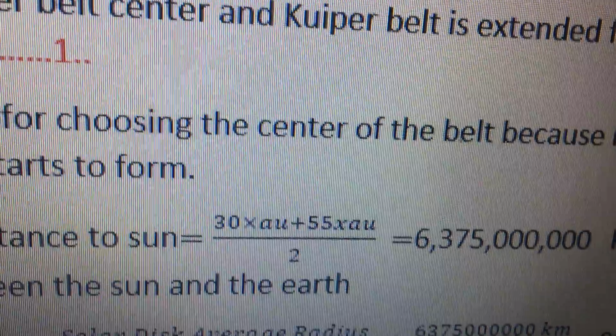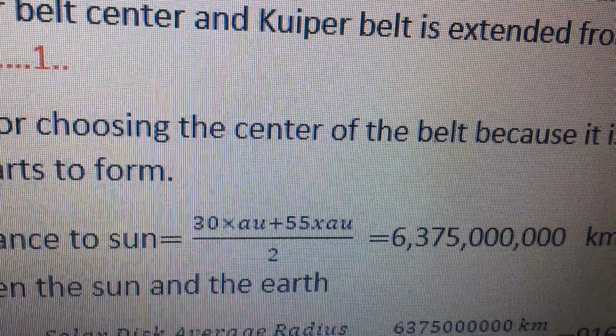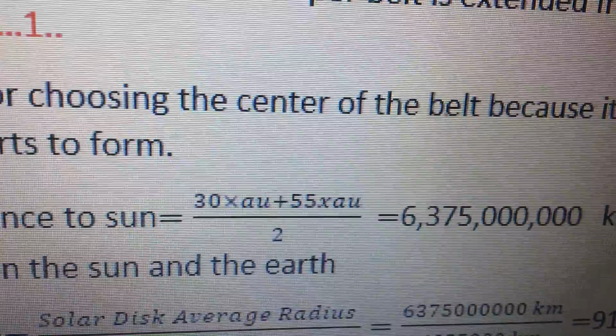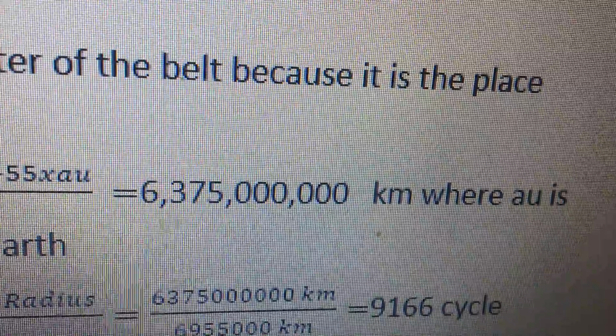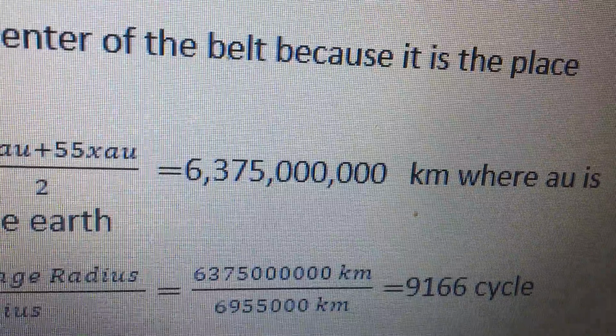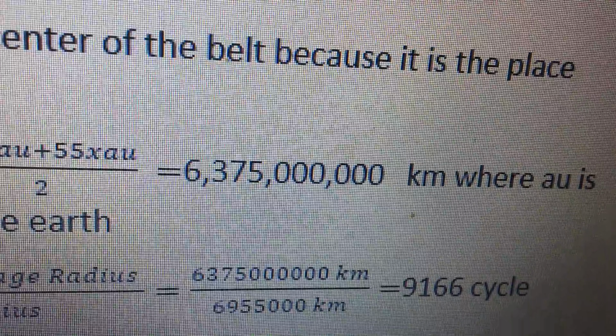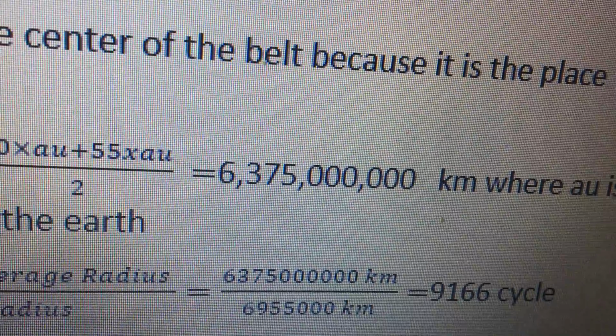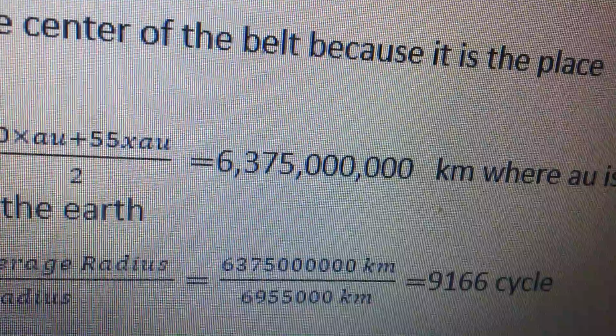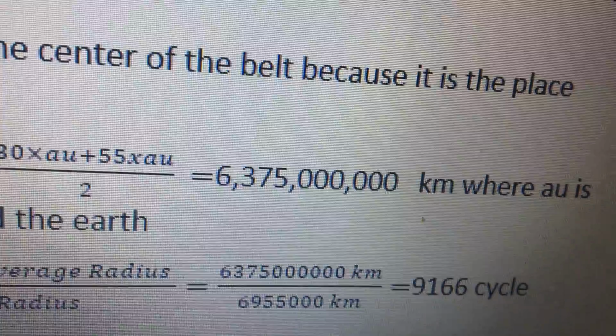We add 30 AU plus 55 AU and divide by 2. This is the average, a number like 6,037.5 million kilometers.